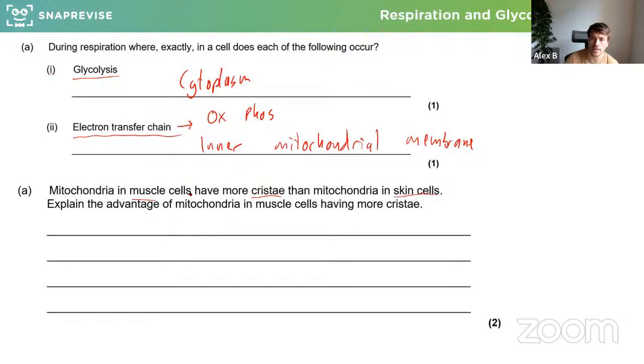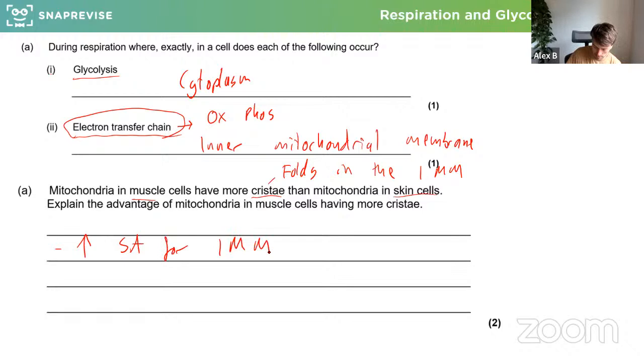That's kind of like embedded into the actual wall of it. Yeah, you get a greater proton gradient. So that's because of the increased area for electron transport chain. So cristae are folds in the inner mitochondrial membrane. So same thing as this. So increased surface area for inner mitochondrial membrane.